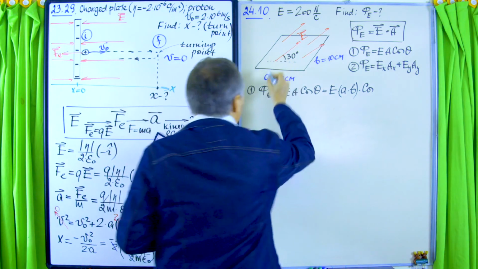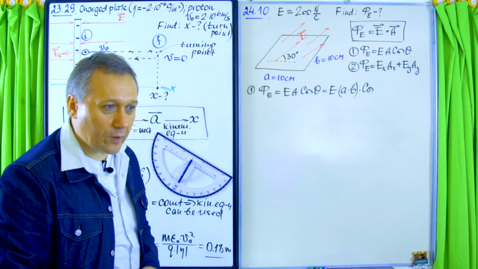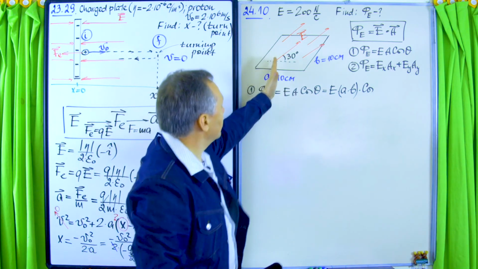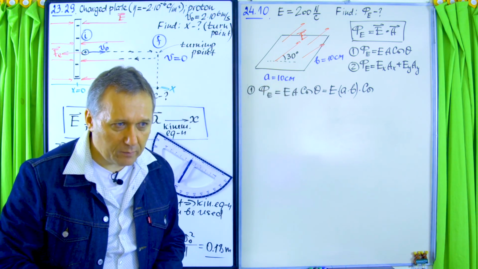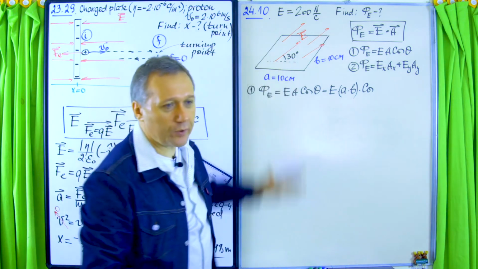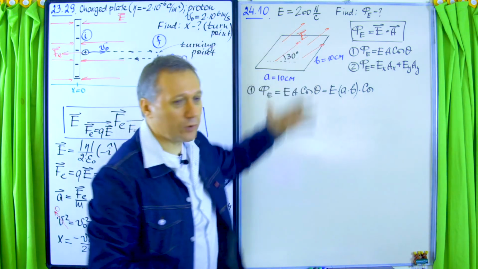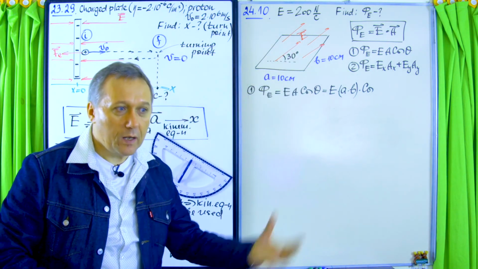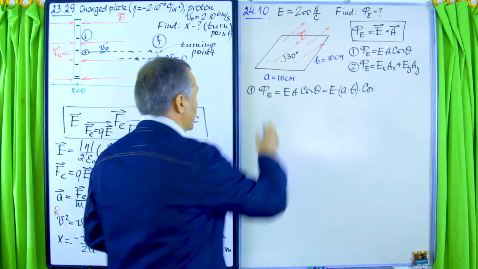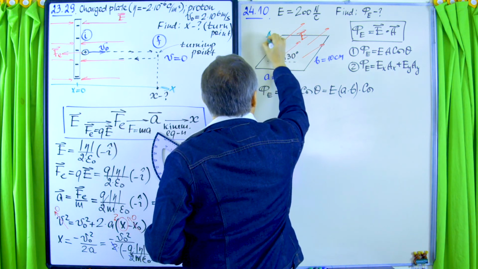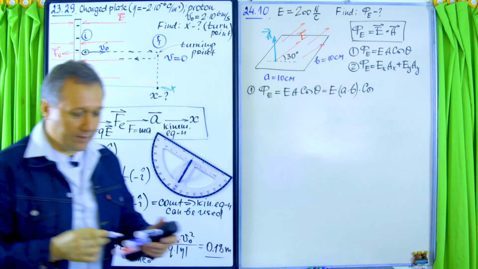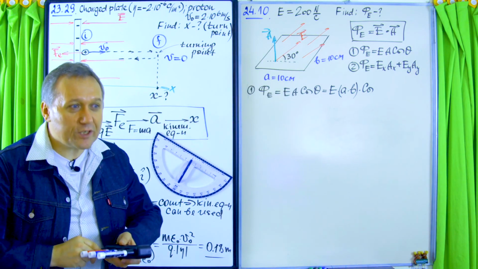I will open the surface, and I can align the area vector either upward or downward. Both options are correct, but I would prefer to point it up so that it is somewhat in the direction of E, so that flux will be positive. That will be my area vector. Now we see which angle is correct.